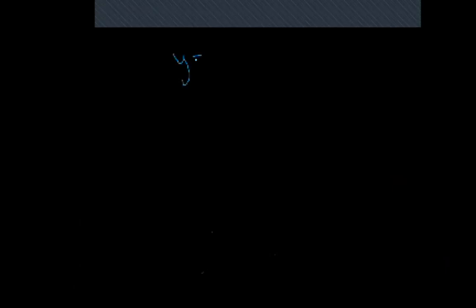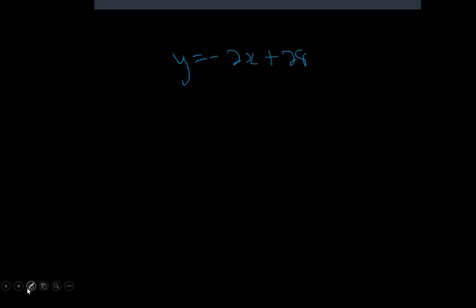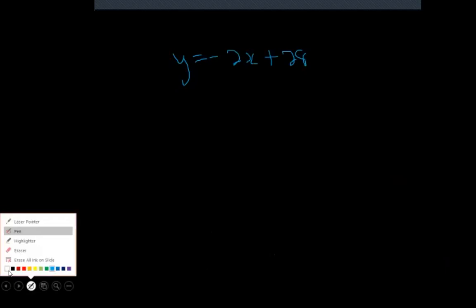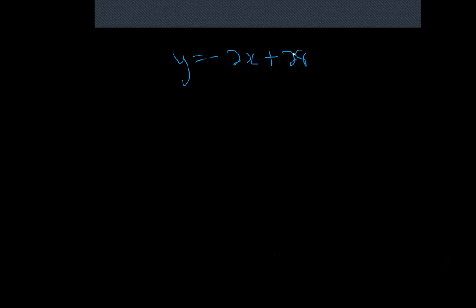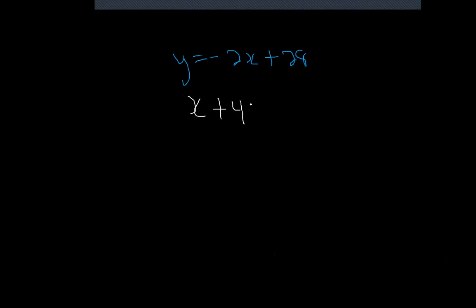Okay, so my equation was this, after I rearrange it in the form y is equal to mx plus c. And the second equation was x plus 41 is equal to 2y.